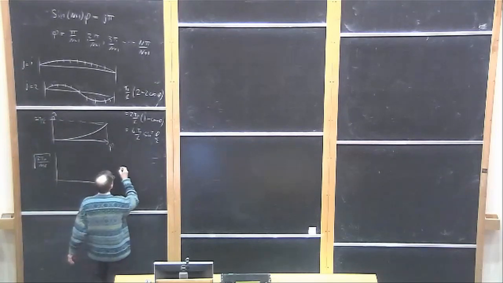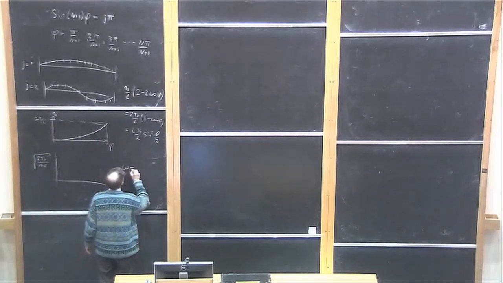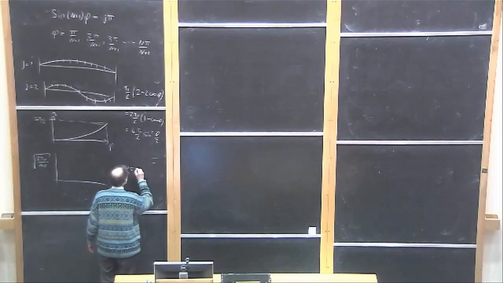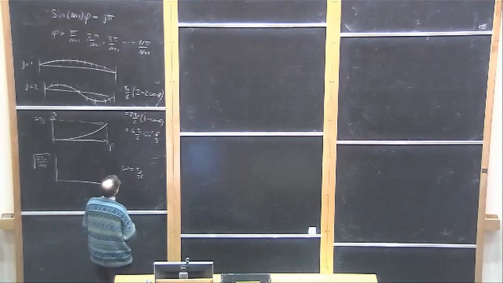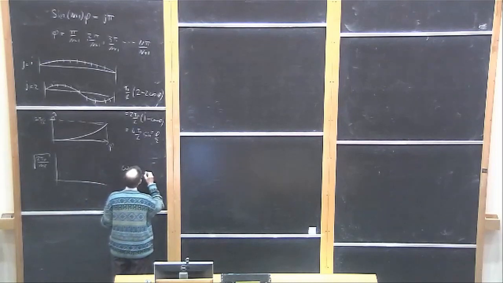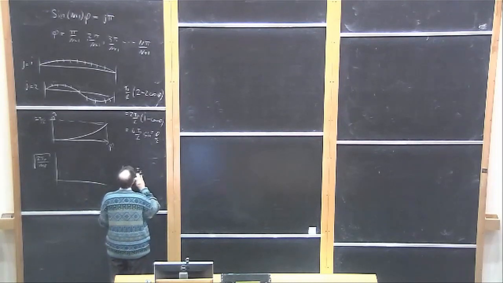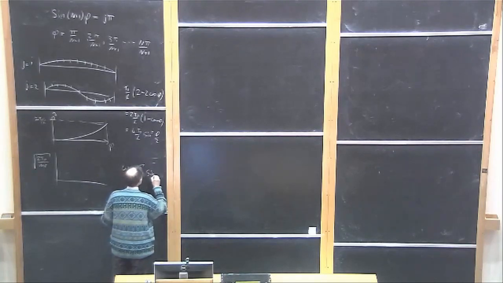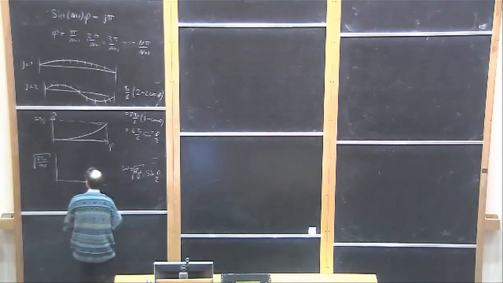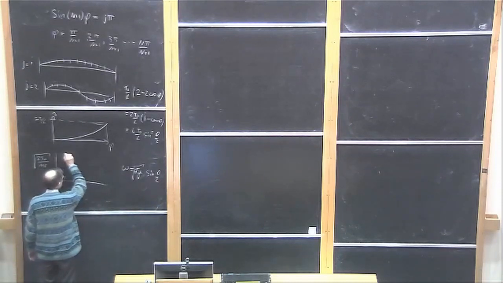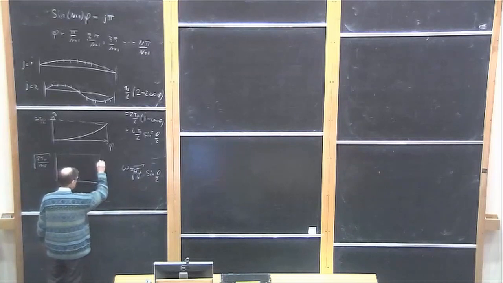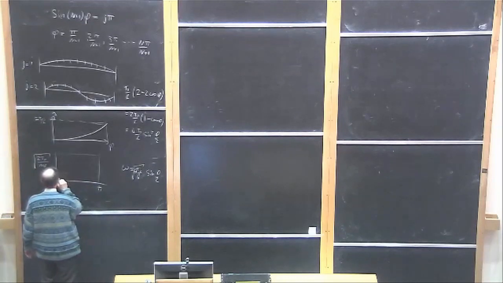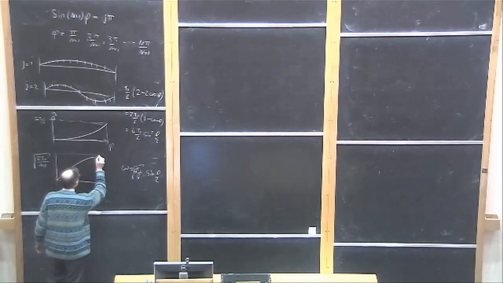So the omega is the square root of T0 over L times 4 sine squared of phi over 2, which gives 2 times the square root of T0 over L times sine of phi over 2, which looks like, so that's pi, and that looks like that.